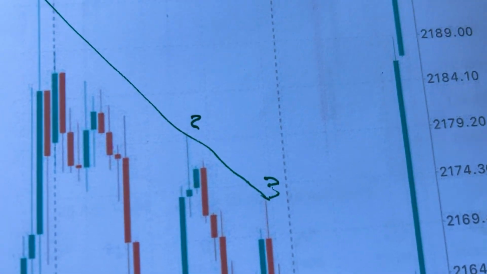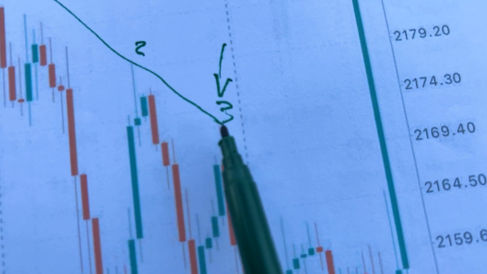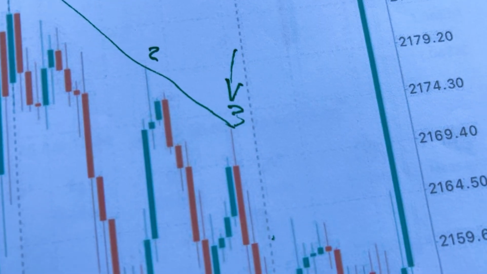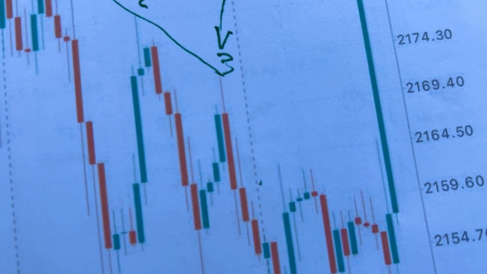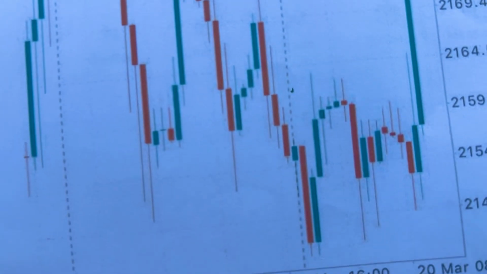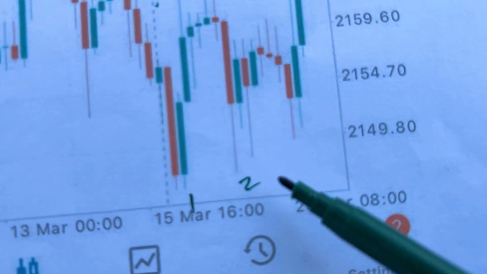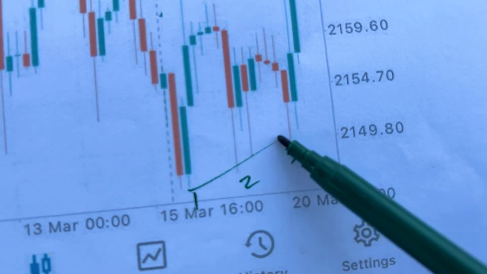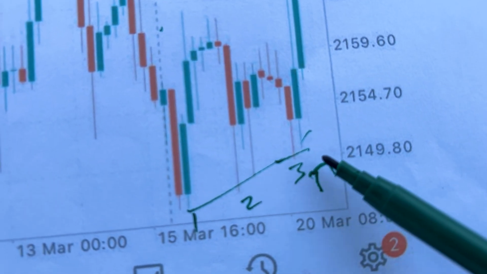To know we are looking to sell here at this touch. However, at this touch, we need candlestick confirmation, so we need to go back and understand candlesticks. For a buy, it's the very same thing. We have 1, 2, 3, and we can put our trend line like this, and this is where we go in with a buy.